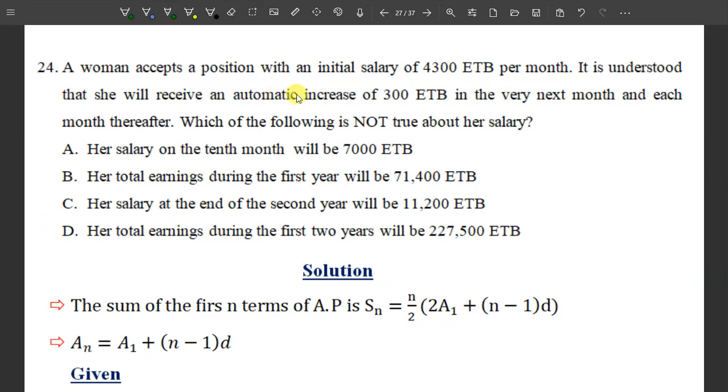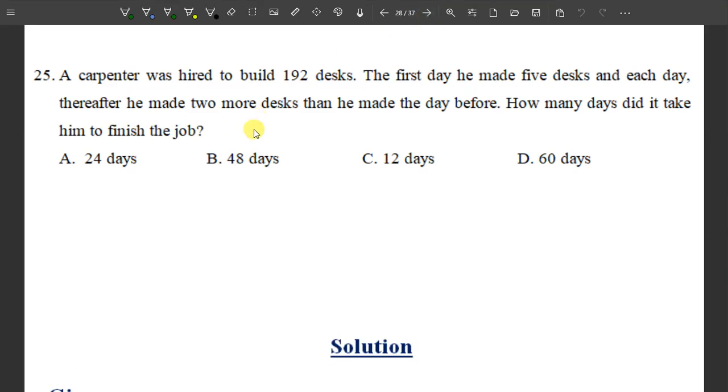Let us see question number 25 here. It says a carpenter was hired to build 192 desks. The first day he made 5 desks, and each day thereafter he made 2 more desks than he made the day before.